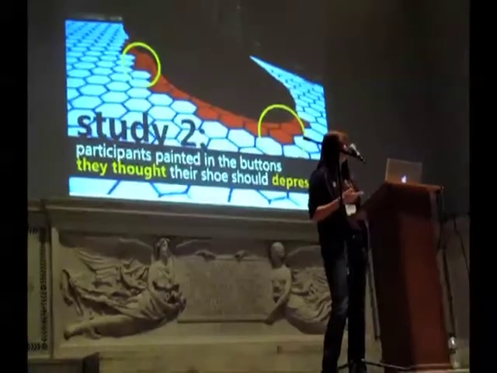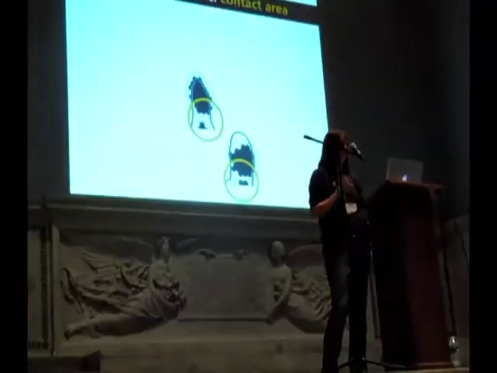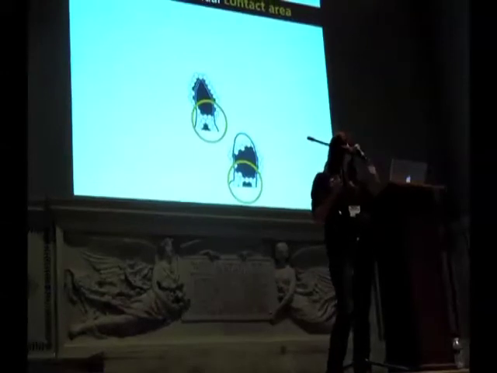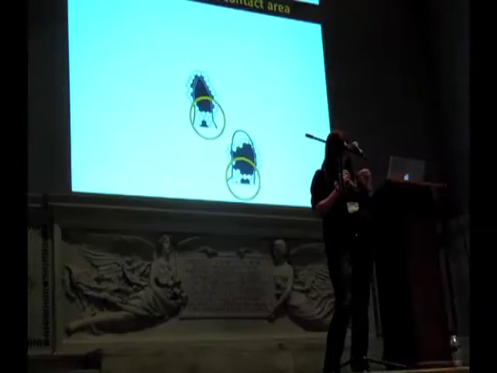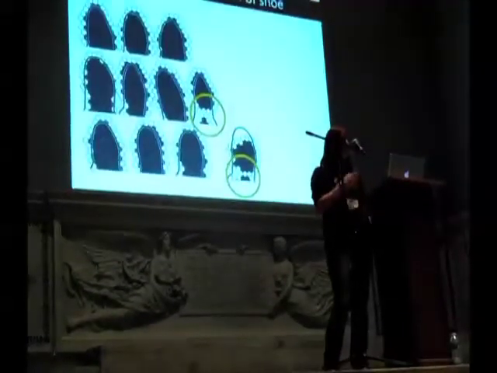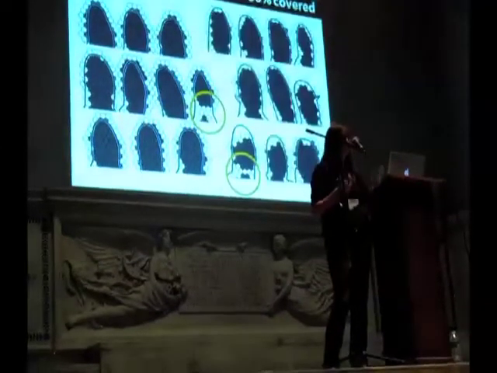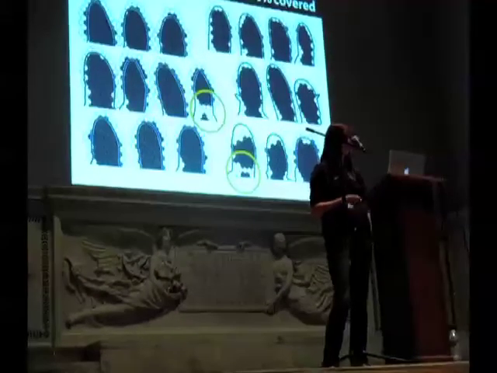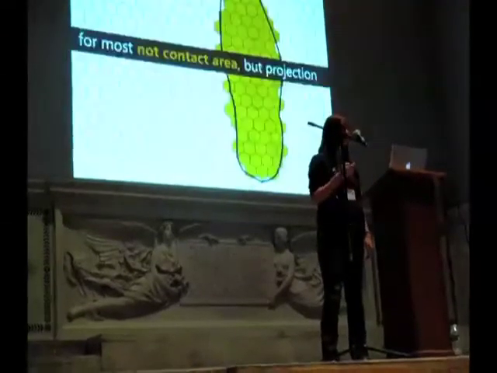We asked the users to paint red all buttons which should be pressed, and only two really thought about the contact area, so they erased these small hexagons on the arc from the shoe. Most people only thought about the projection of the shoe, and some excluded some on the outside, just another threshold in this way.